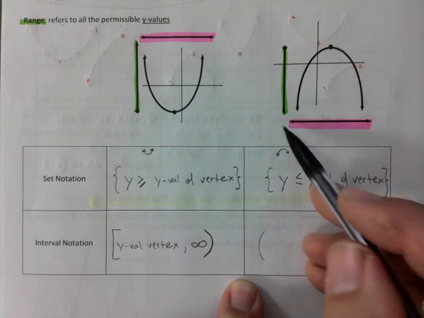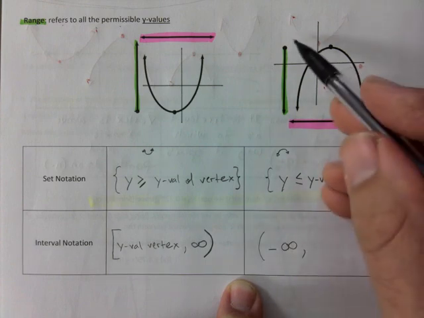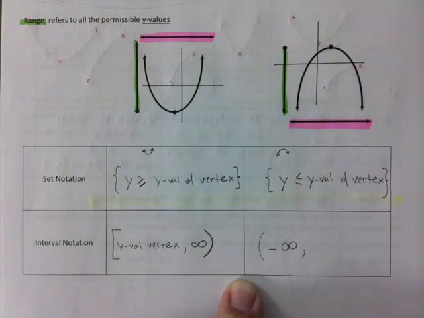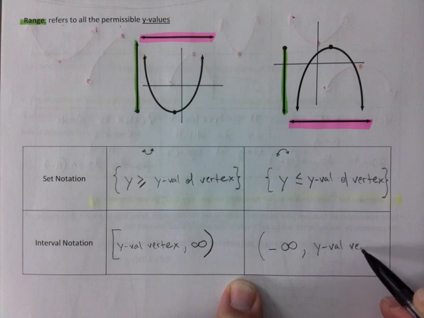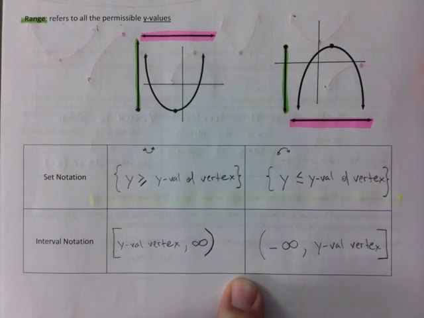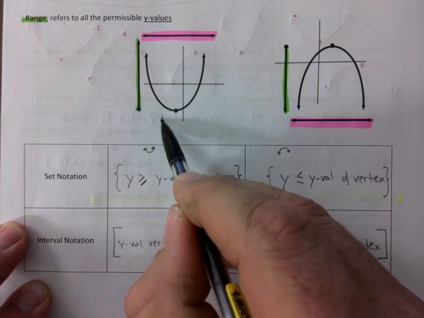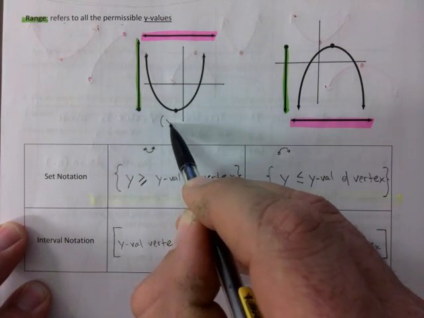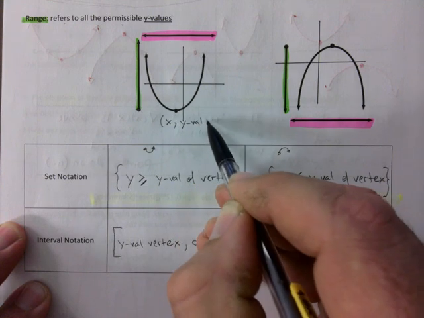In this case, we would come from negative infinity all the way up to the Y value of the vertex. So this would be the Y value of vertex. And that would have a square bracket around it. Okay. Some hints here. I'm just going to say there's an X, and then there's the Y value of the vertex.